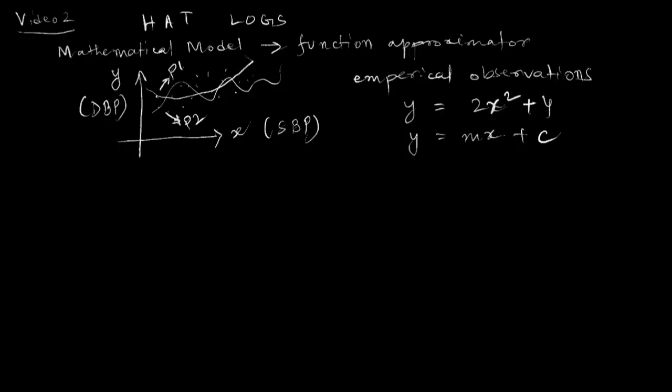But what we have found in science is that a lot of empirical observations and reality in general can be expressed in terms of straight lines. This is actually an equation of a straight line.